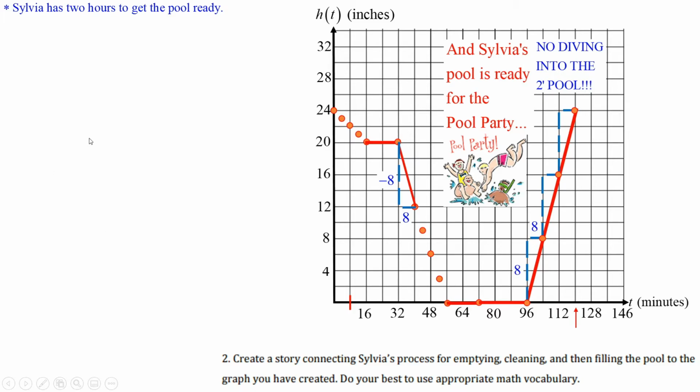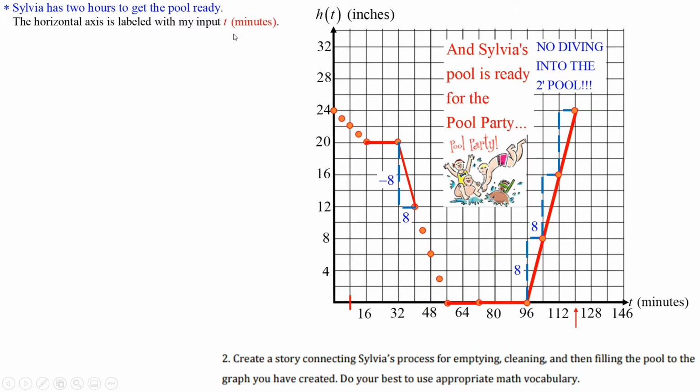So, our first thought is this. We labeled the horizontal axis for the input, and the input was what? Time, right? Because we were cleaning and then filling the pool, emptying, cleaning, then filling during time in minutes. So time in minutes.